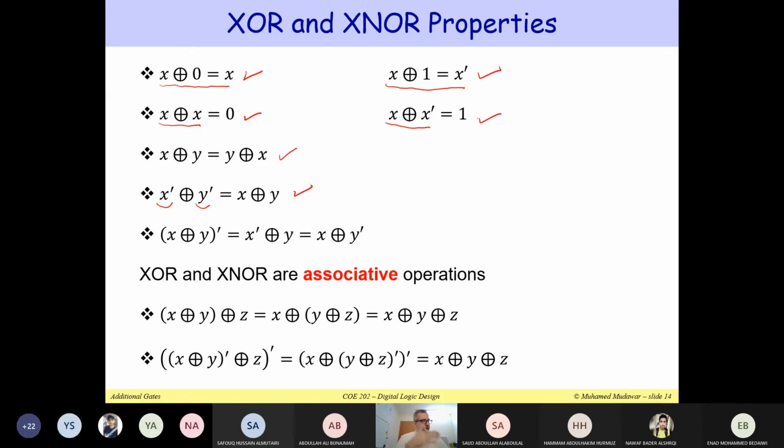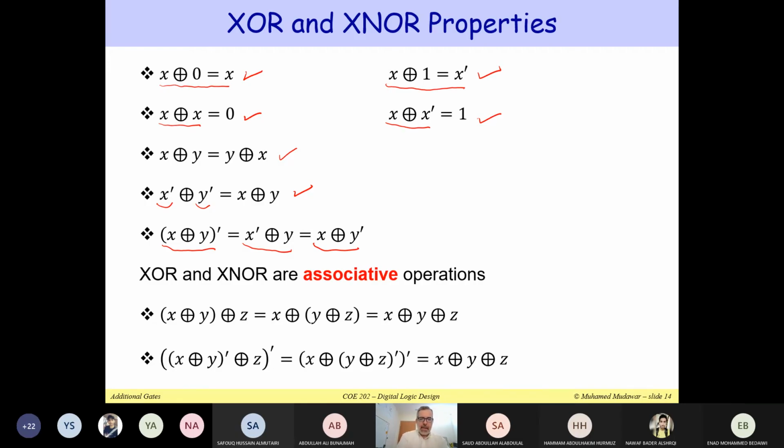You can look at the column of X prime XOR Y prime and compare it with the column of X XOR Y, and you can prove this property. What's interesting also is that the exclusive NOR of X and Y is the same thing as X prime XOR Y and the same thing as X XOR Y prime.